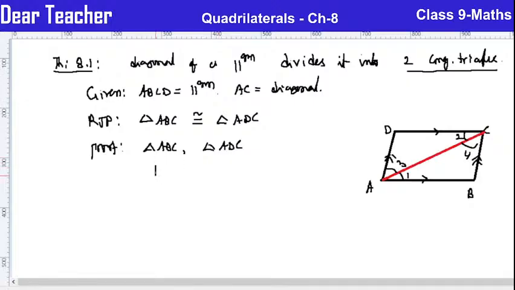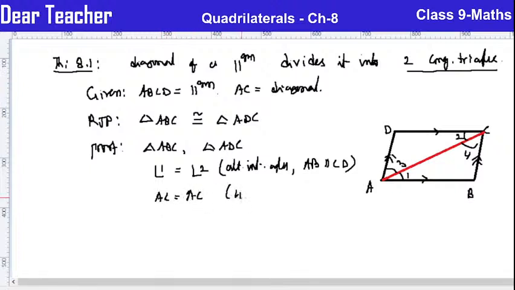So in ABC, angle 1 is equal to, in ADC, angle 2, because they are alternate interior angles, and AB is parallel to CD. We know only AB is parallel to CD, and BC is parallel to AD, and AC is AC, common side, and angle 4 is equal to angle 3.